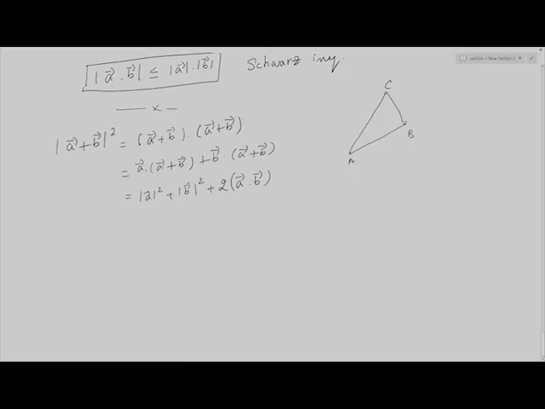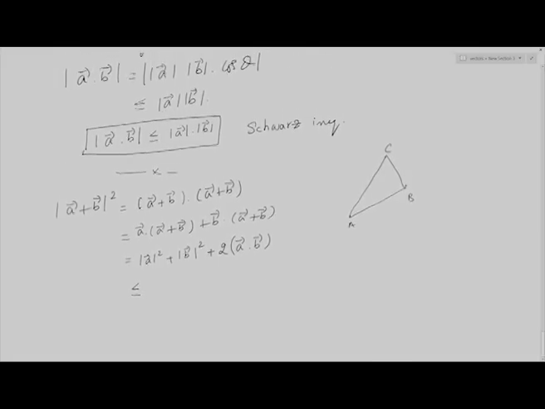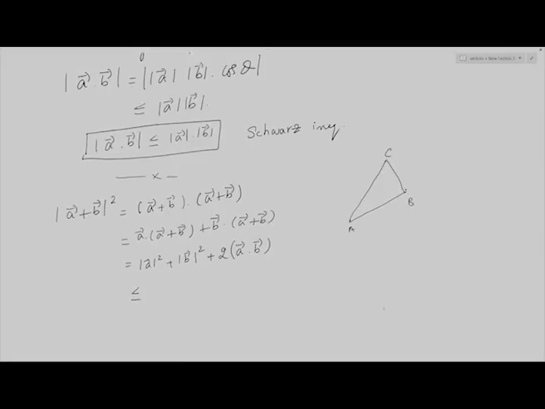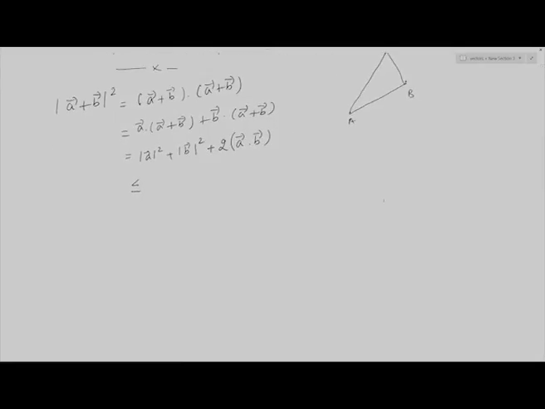And now I can apply the Schwarz inequality for the last term, taking its modulus. This will be less than or equal to mod A square plus mod B square plus 2 times mod A into mod B, and hence it is equal to modulus of A plus modulus of B whole square.